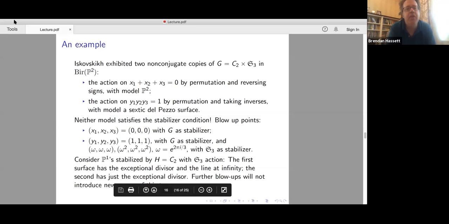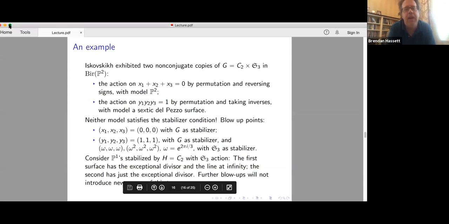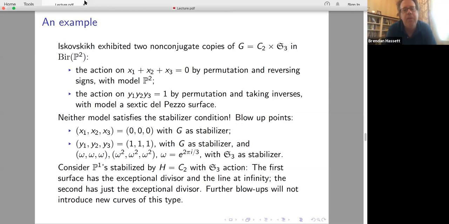Okay, well, since this is the Iskovskikh seminar, I think I am duty bound to try to have an example that goes back to Iskovskikh. Iskovskikh gave an instance where, in the Cremona group for P2, there are two non-conjugate copies of the cyclic group of order 2 times the symmetric group on 3 letters. One is sort of an additive example.